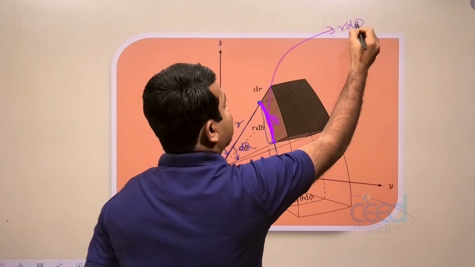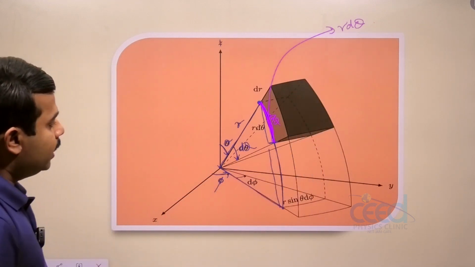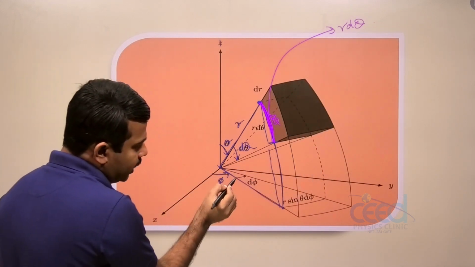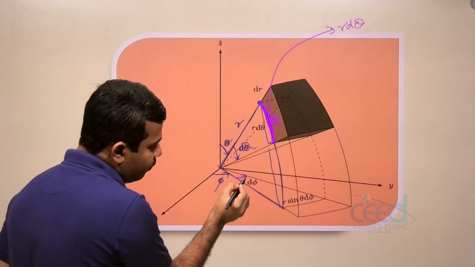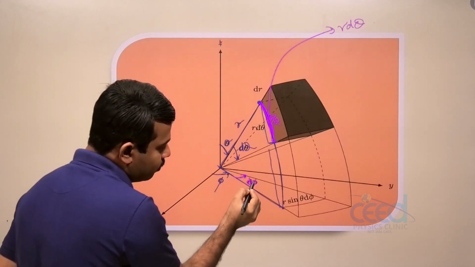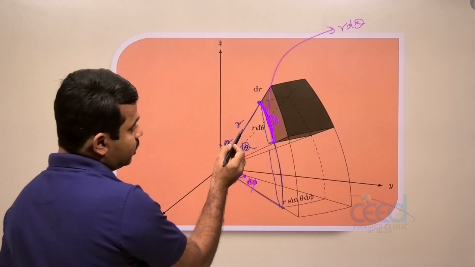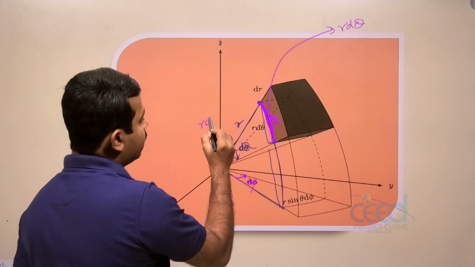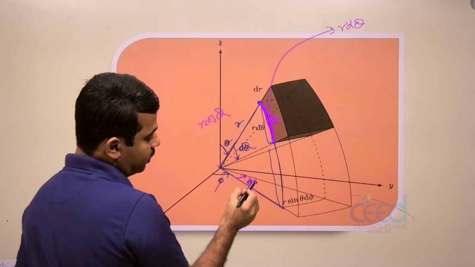Now similarly, I am increasing a small d phi here. Already we studied this is r, then this is r cos theta, and this is r sin theta.